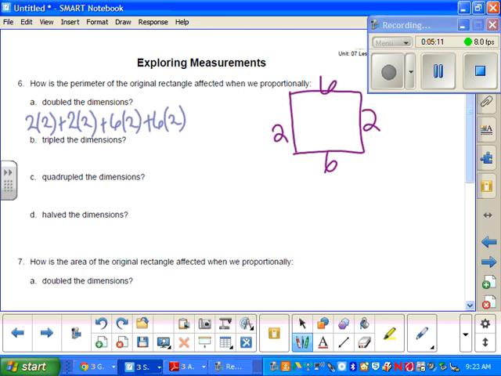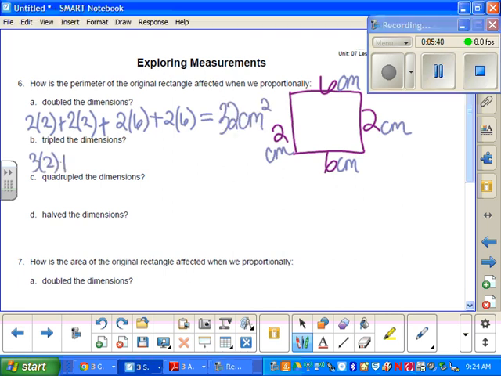So we do 2 times 2 plus 2 times 2 plus 2 times 6 plus 2 times 6 will give you a total of 32 centimeters squared for our perimeter.